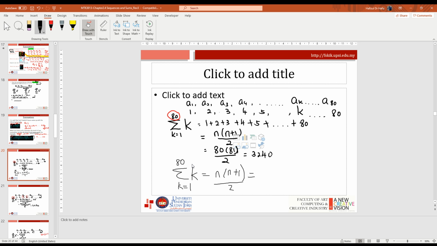What is n? n is the upper limit, 80. So 80 plus 1, divided by 2. And then we got 80 multiplied by 81 divided by 2. Okay, we got 3240.